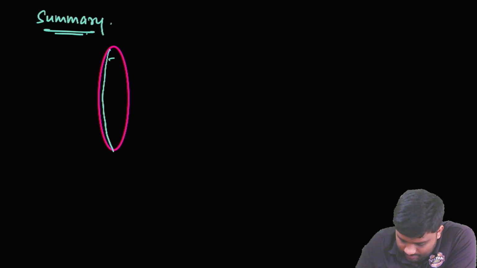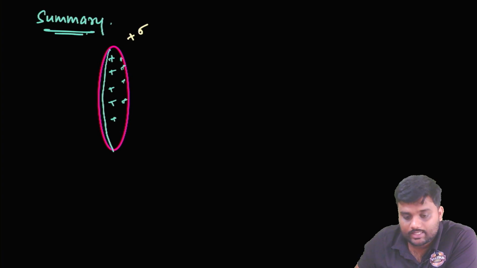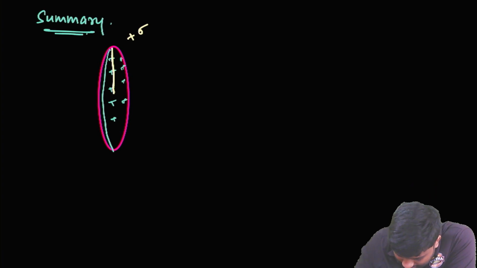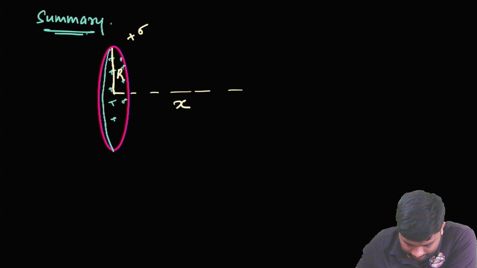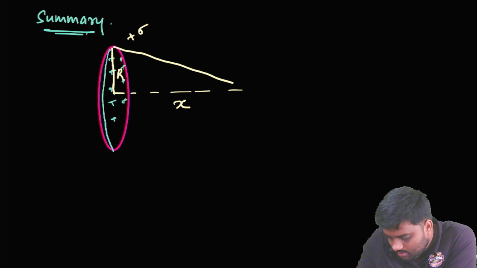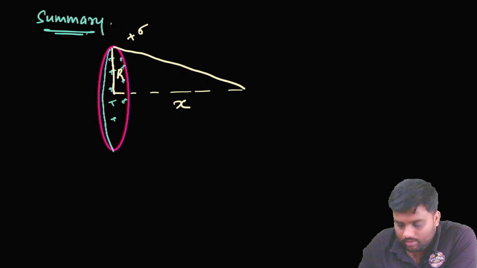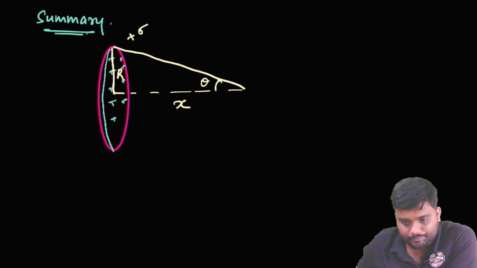This is the disk. Okay, disk of positive sigma charge density, radius r. So at some distance x, from the circumference of this disk to that point x, the angle is going to be theta.